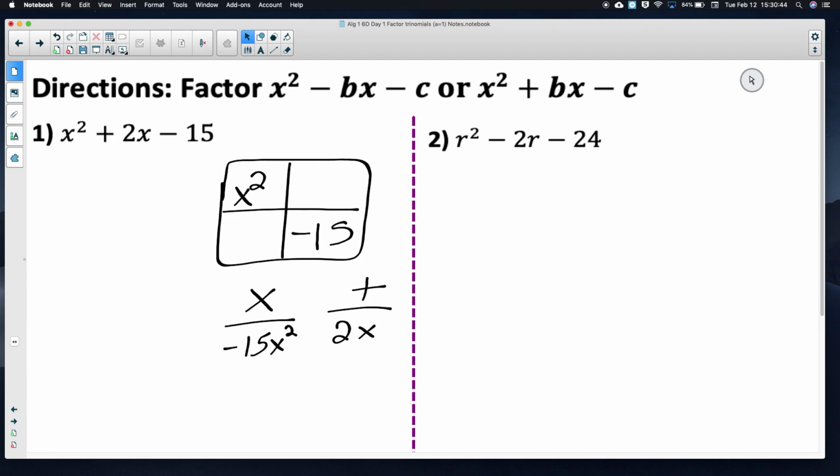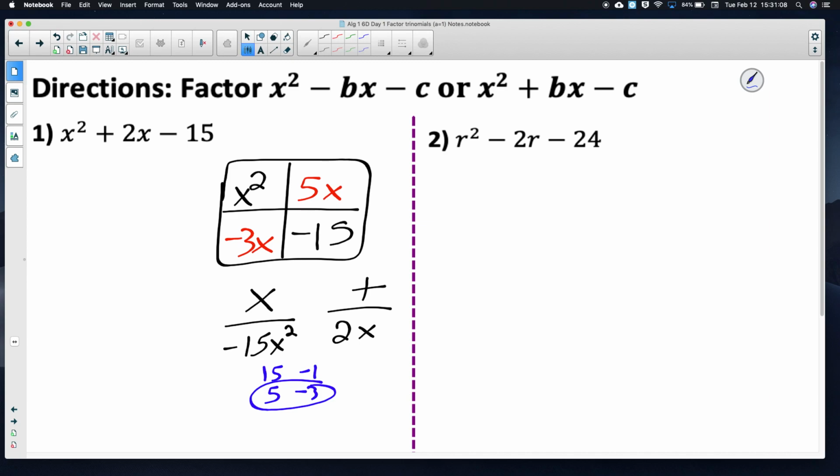Well, that's going to be positive 5x and negative 3x. If you ever are stumped at this point, you can write out the factors. So for example, what multiplies to negative 15 and adds to 2? Well, that's going to be 15 and negative 1, negative 3 and 5, and I can stop there because those 2 things do it.